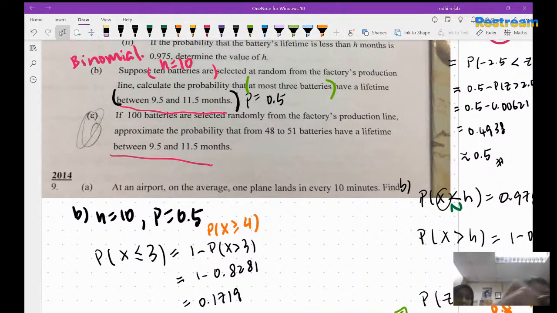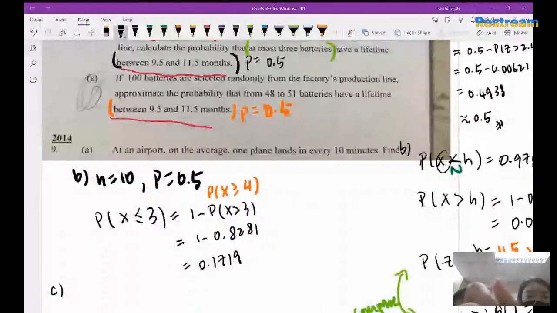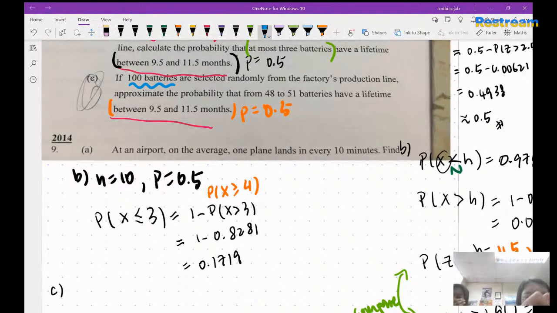Then sini dia cakap dia ada 100 bacteria. Okay, so yang ni sebab dia more than 50, so kami tahu dia nak buat approximation. Approximate. Okay.